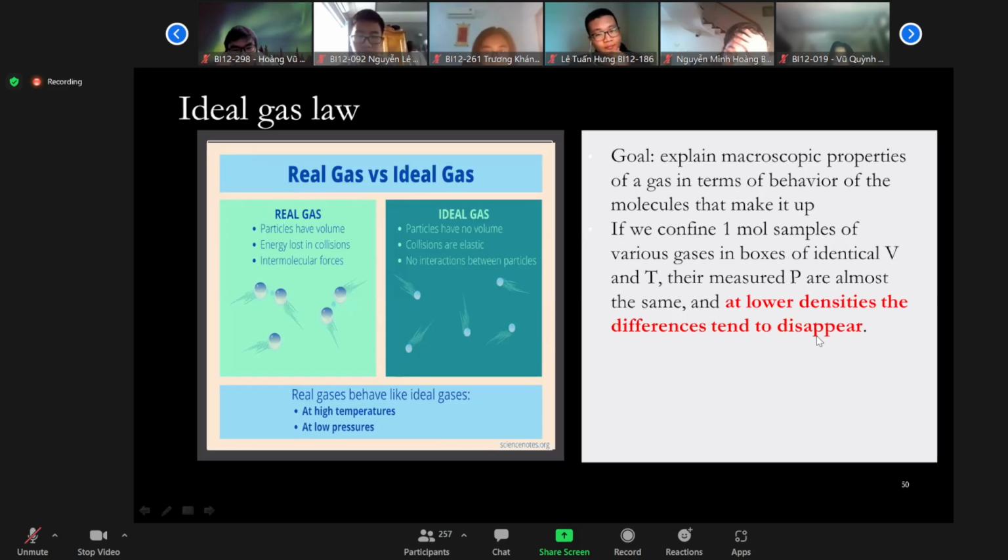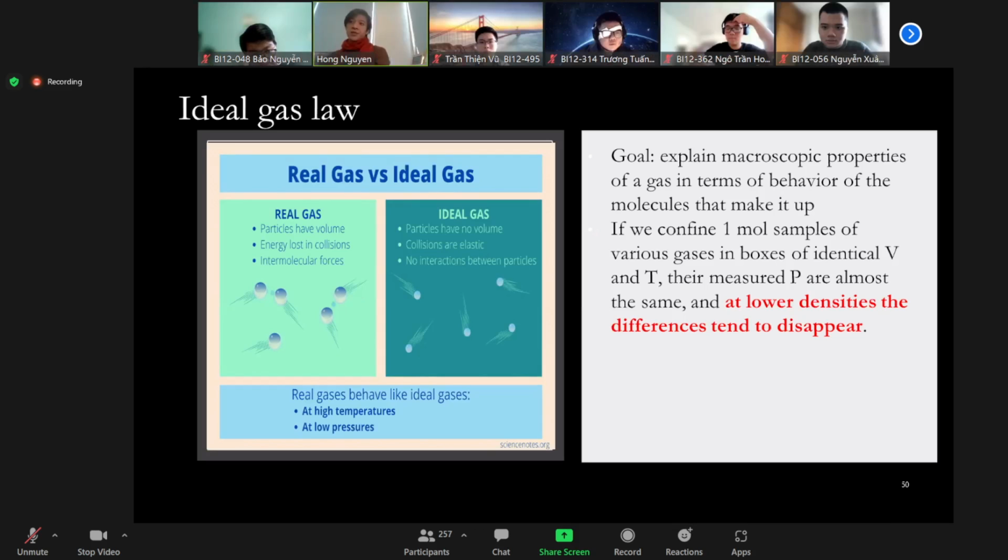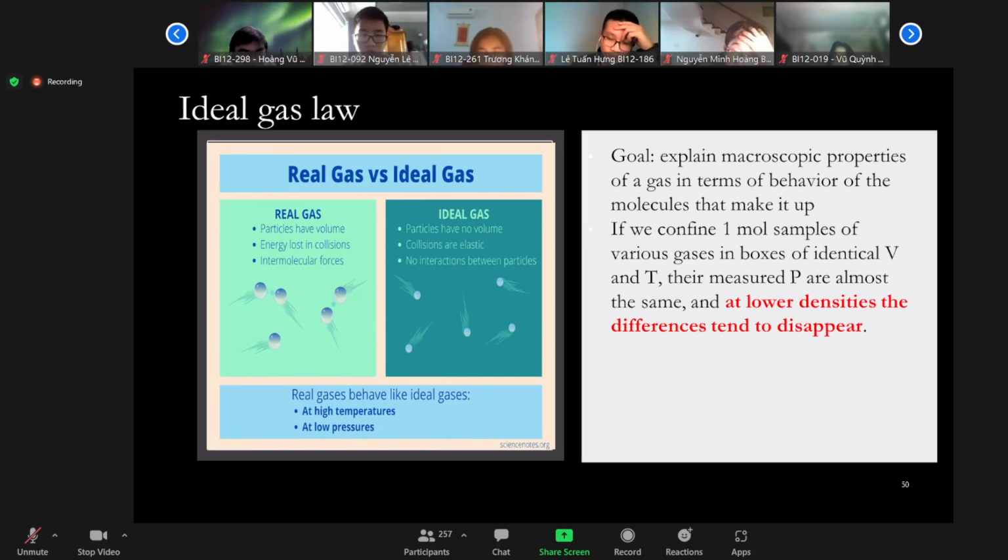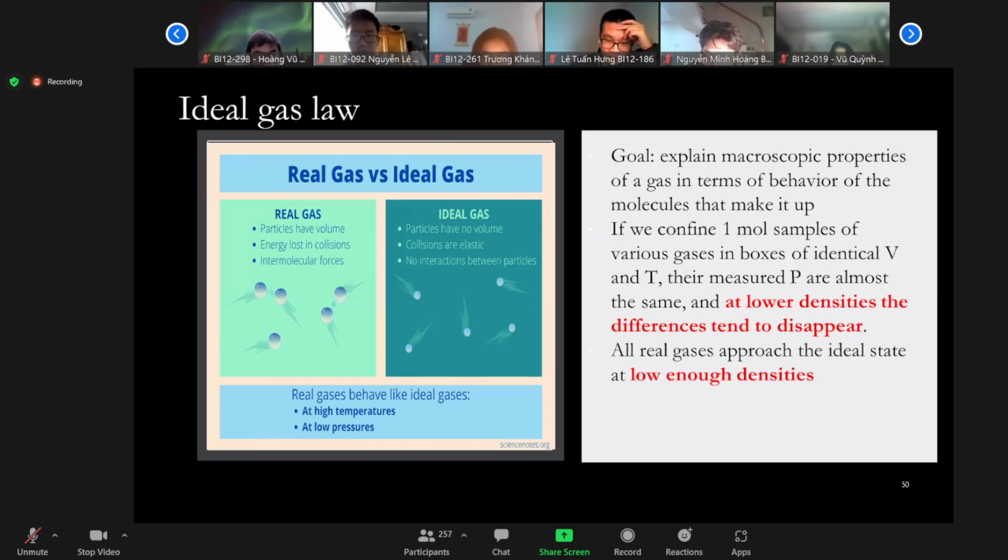Then what we see is that if we confine 1 mole samples of no matter what gas in boxes of identical volume and temperature, then the measured pressures are almost the same. And at lower densities, the differences tend to disappear.